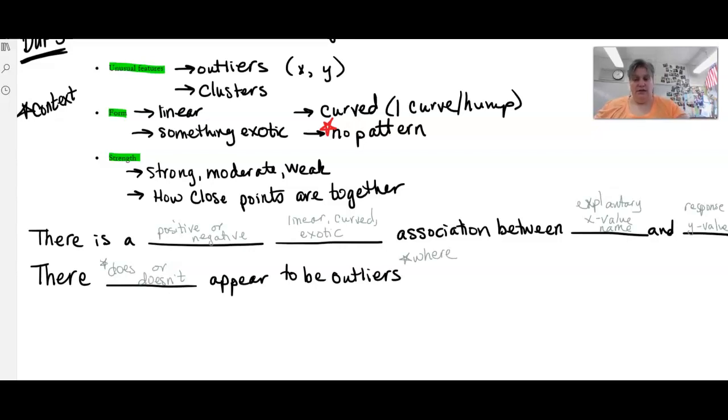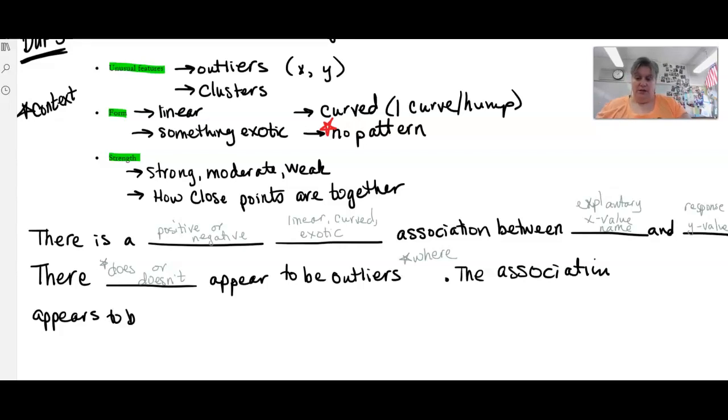So if it does, you're going to say where. And then you're going to say there does appear to be outliers, and the association appears, and again, you can change up the wording some, but if you do it this way and just fill in the blanks, it'll always work.